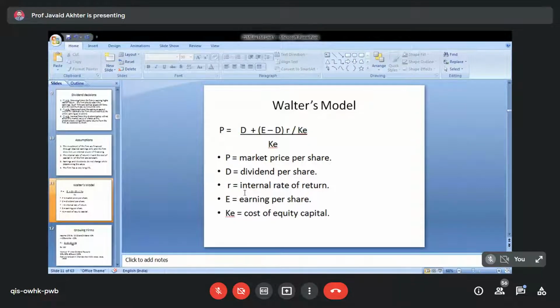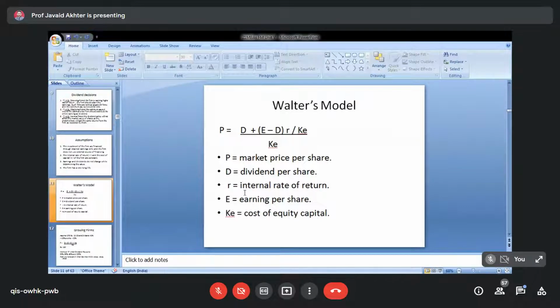Now, if we substitute different payout ratios in this formula for different firms, first we will start with the growing firm. Then we will see the declining firm, then the normal firm. For each category of firms, we will see what happens if dividend payout ratio changes.